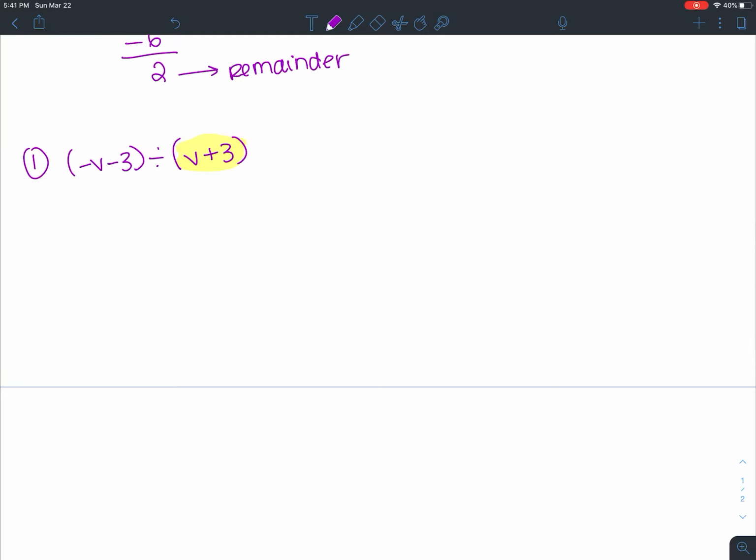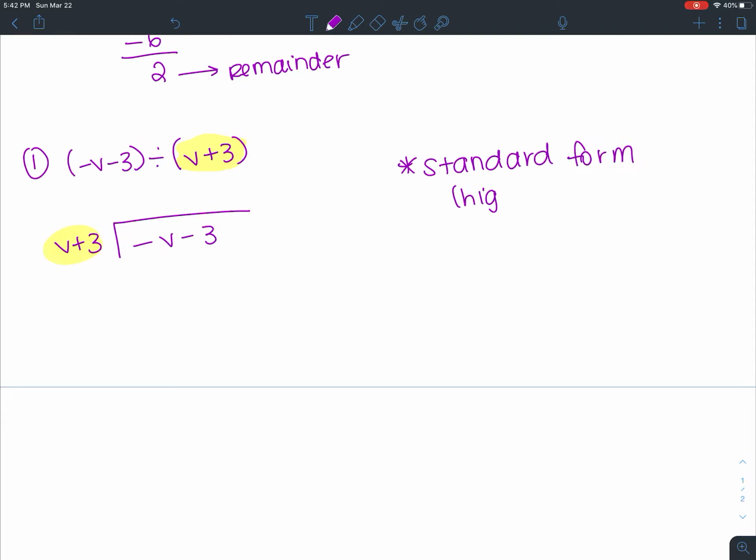So we want to put v plus 3 on the outside. Okay, that's what we're dividing by. And then negative v minus 3, I'm going to put on the inside. Quick reminder, this needs to be in standard form. So highest exponent first.